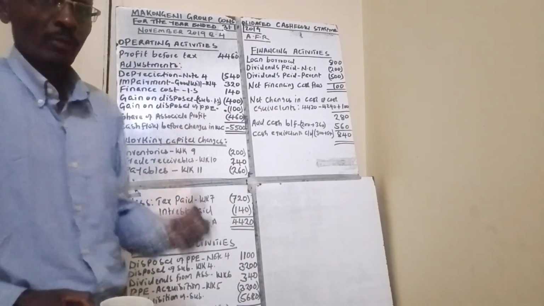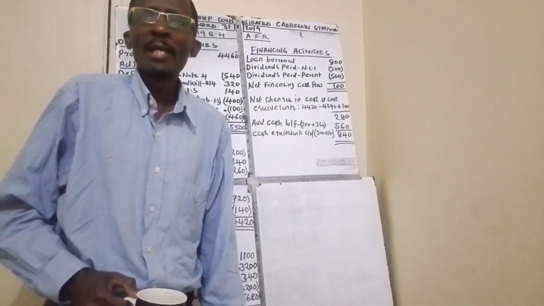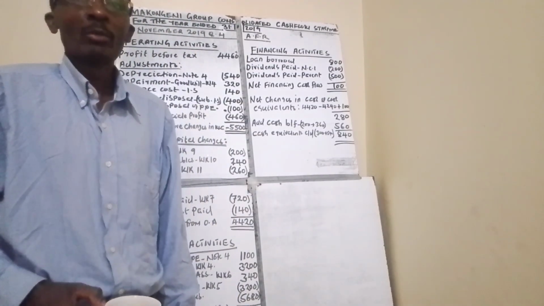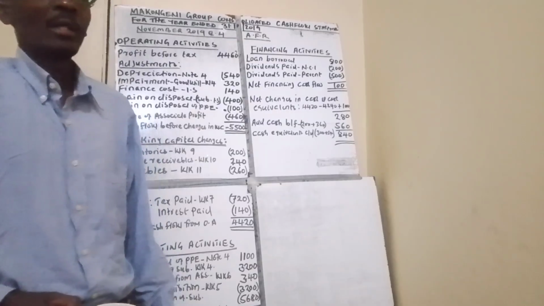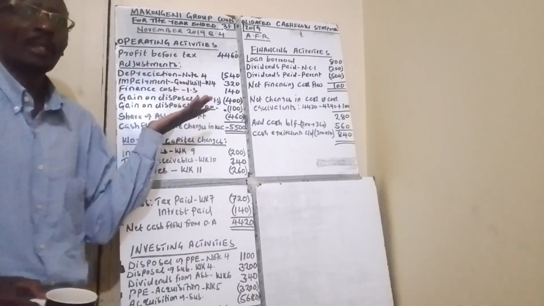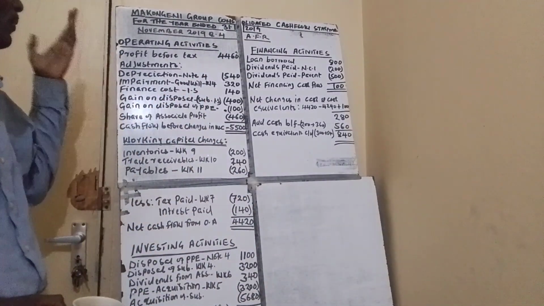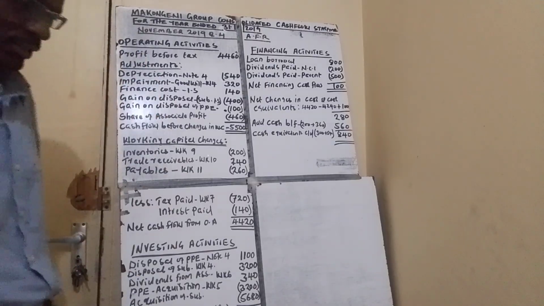In this question, we are going to apply the indirect method, whereby we show adjustments for profit, and that will appear as operating activities.